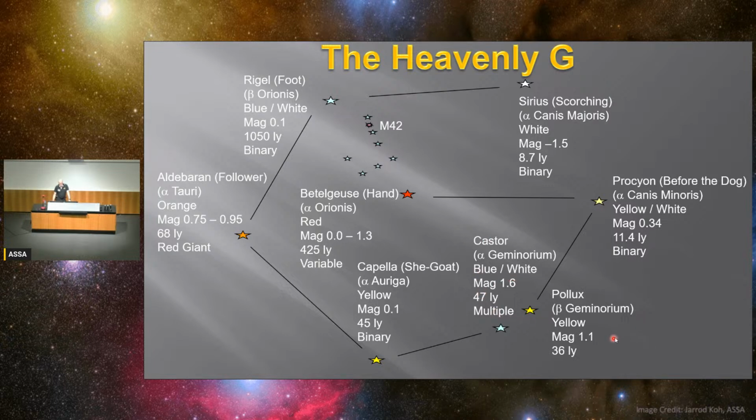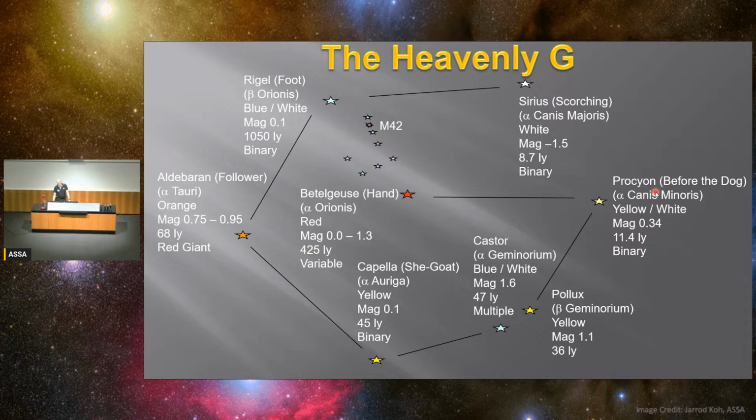Also in Gemini, we have Beta Geminorum, or Pollux. It's noticeably yellow. It's another evolved star that's moved off the main sequence, 36 light years away. And then we come to Procyon, which is the brightest star in Canis Minor, the little dog.